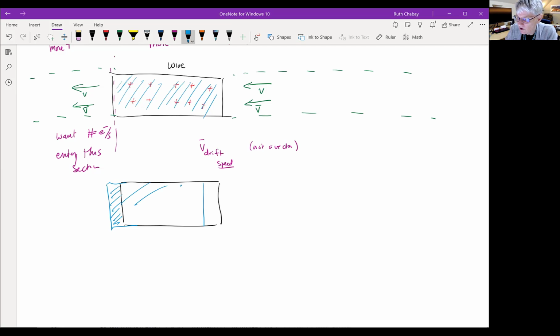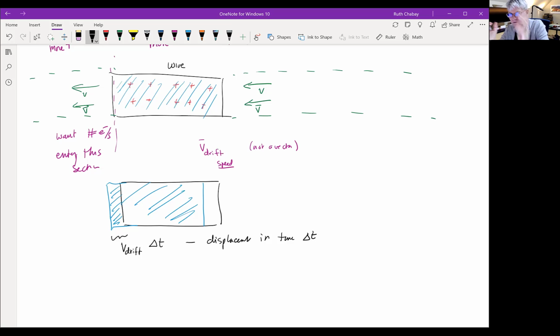So the electrons have all shifted here, and this distance is just v drift times delta t. So it's the displacement in a time delta t. Now really the wire is three-dimensional, right?